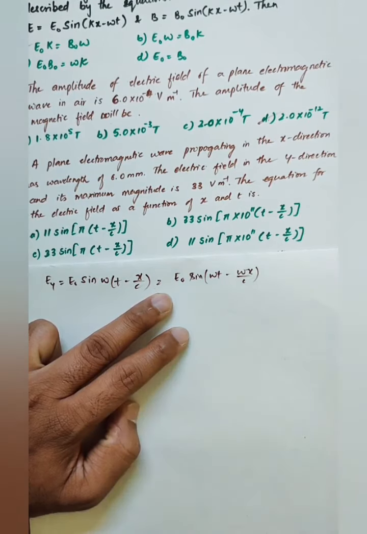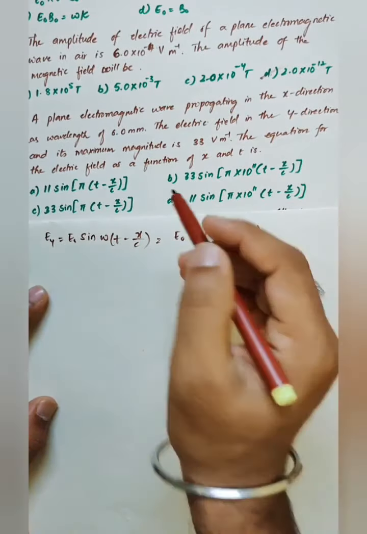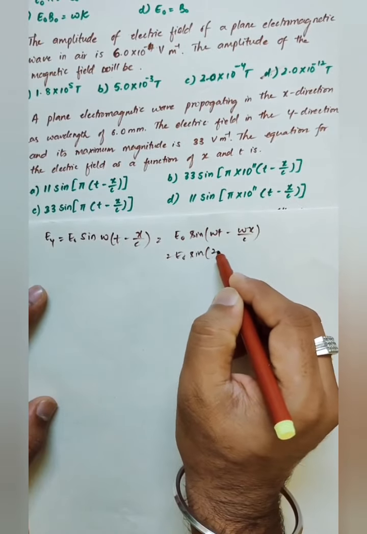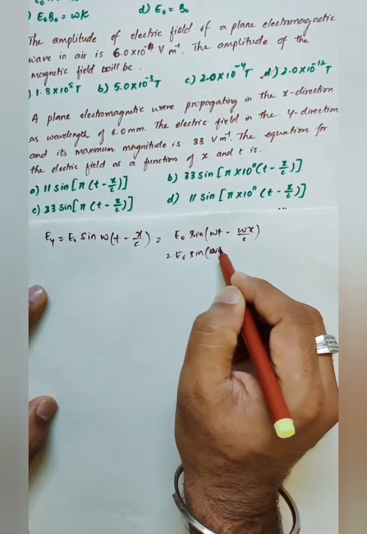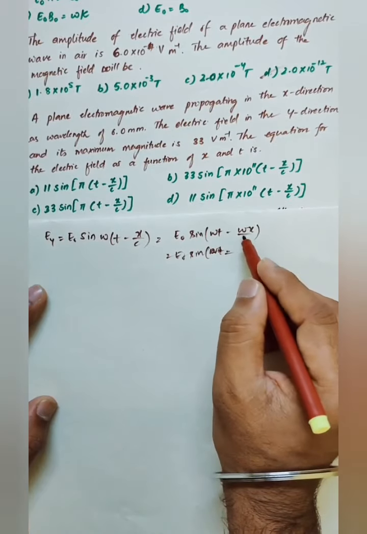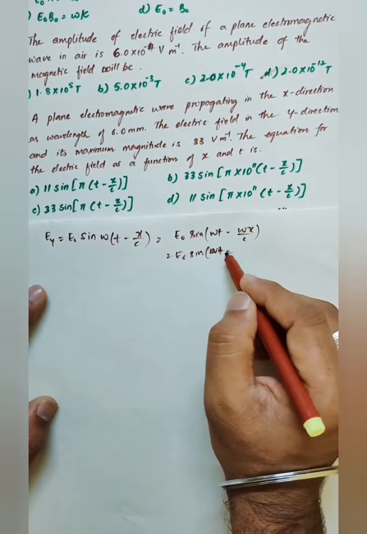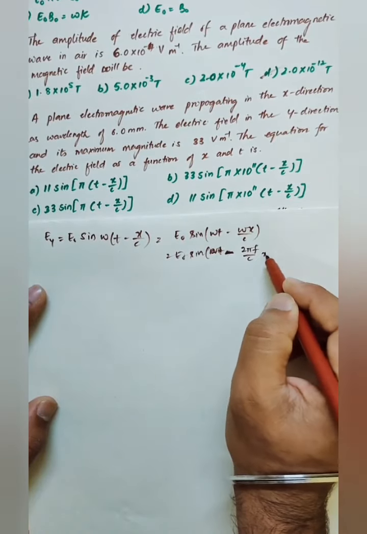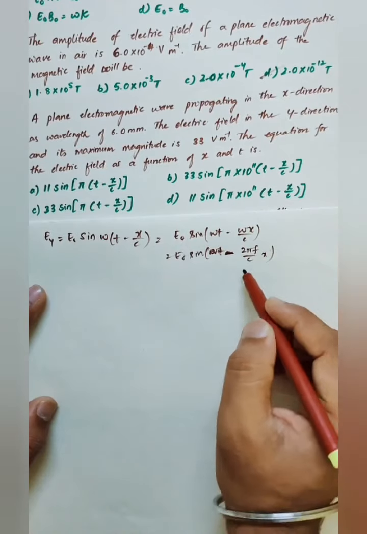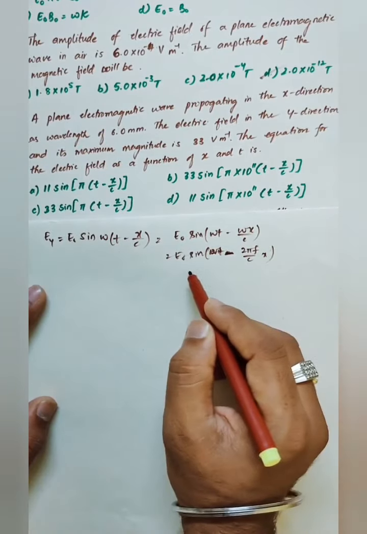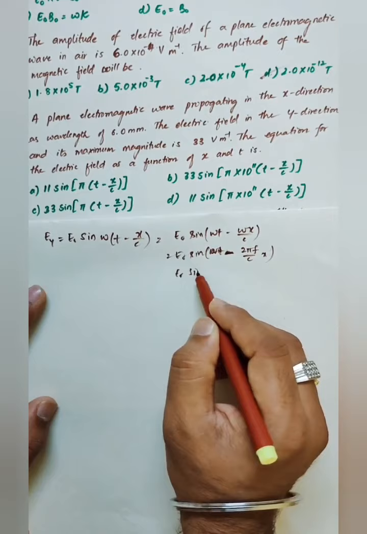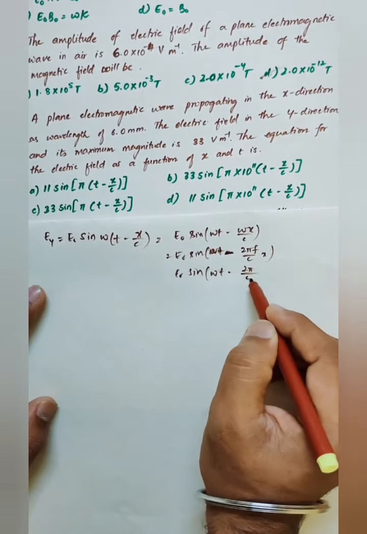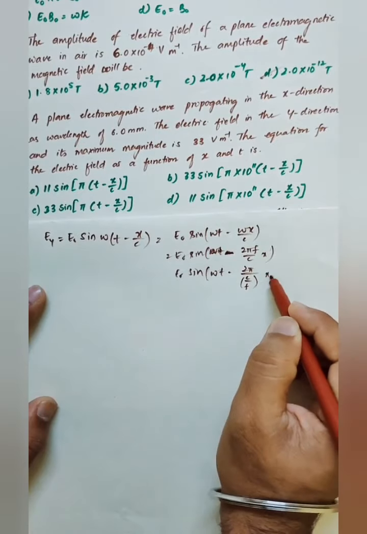So we can see this, sine, this is 2 pi, let it be as it is. But how is this actually kx? Omega by c is 2 pi f by c into x. Instead of 2 pi f I'll write omega t minus 2 pi f by c into x.